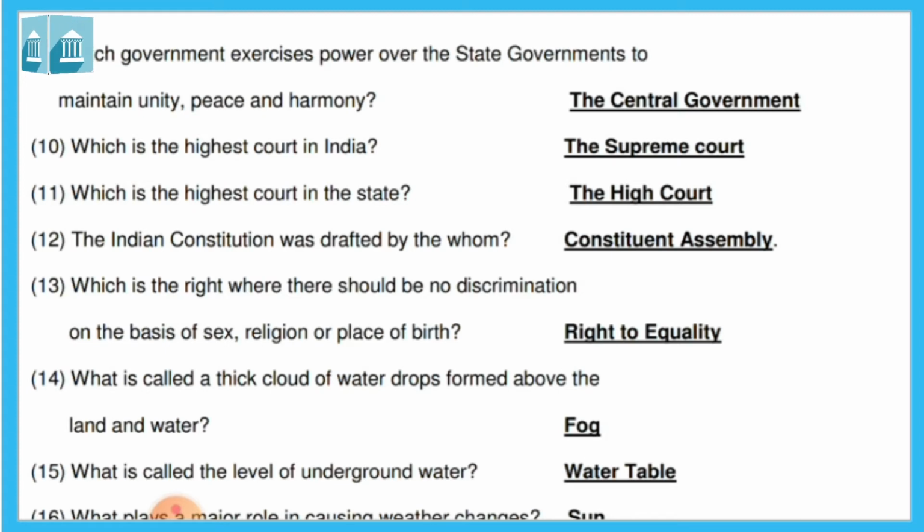So right to equality is the right where there should be no discrimination on the basis of sex, religion and place of birth.